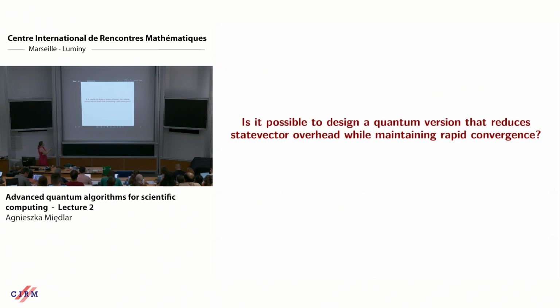People asked themselves: is it possible to design a quantum version of the classical Lanczos algorithm that reduces state vector overhead while maintaining the rapid convergence? We want exponential convergence with respect to the size of the Krylov subspace that we know from the classical case, but we don't want the exponential overhead from storing the vectors.